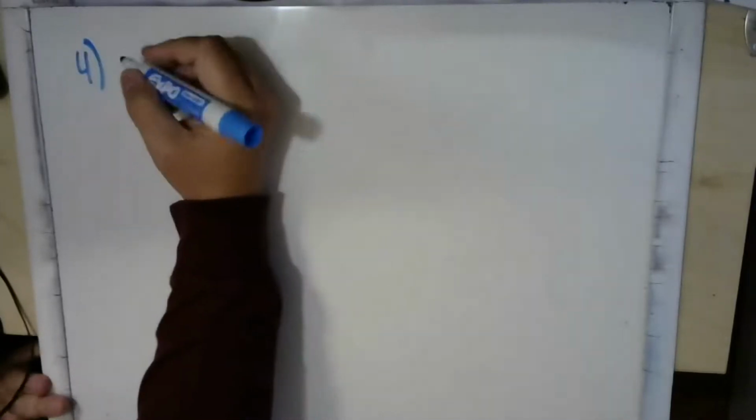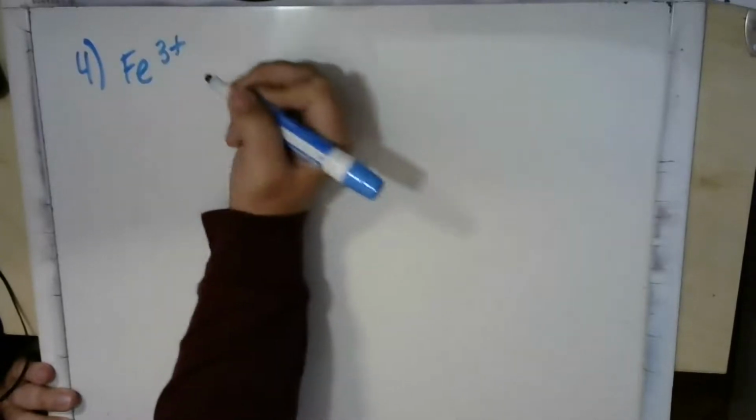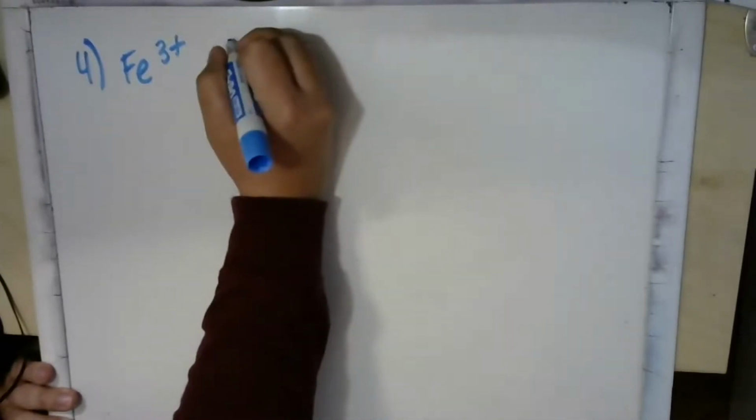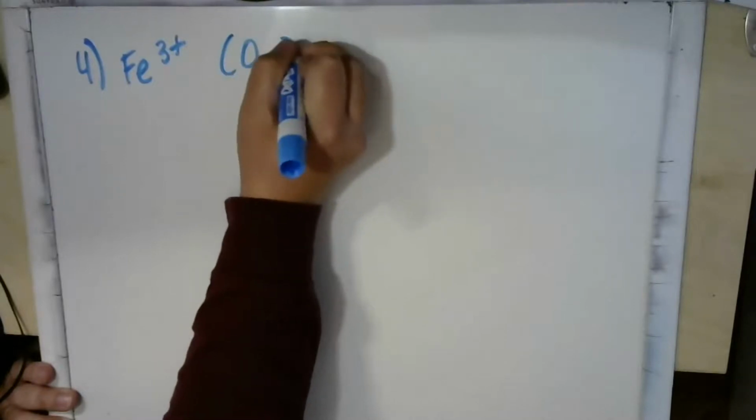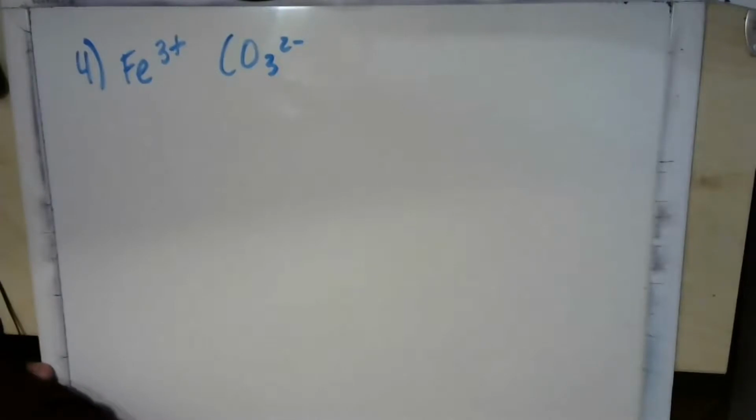Okay, so A is iron(III) carbonate. That means that I have an Fe3+ ion, and carbonate is CO3 2-. So how is that going to combine?